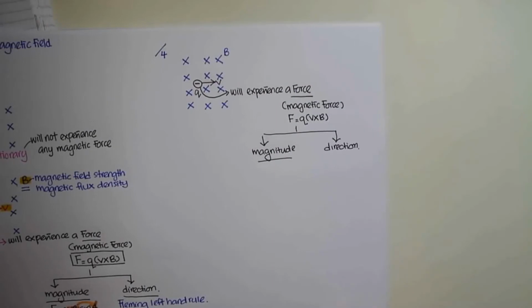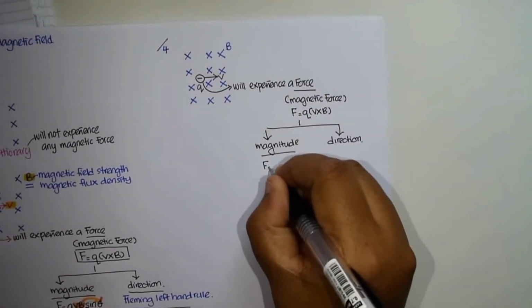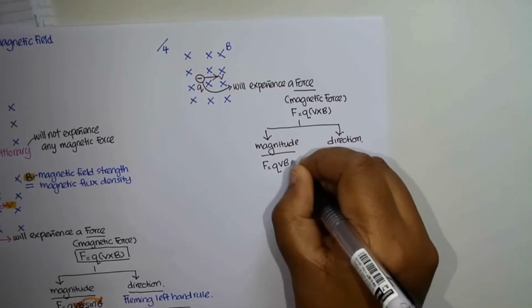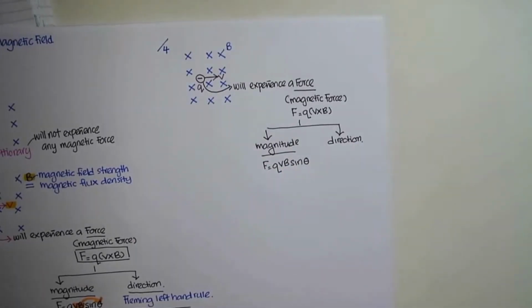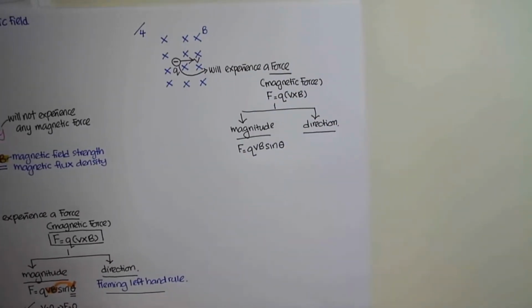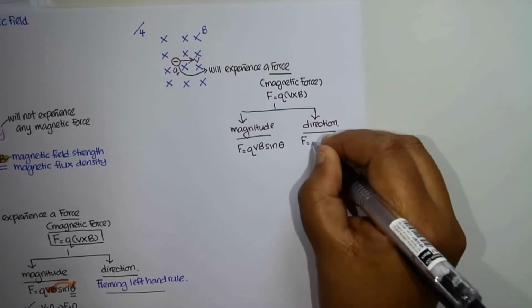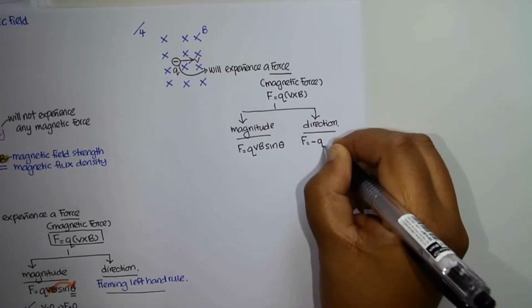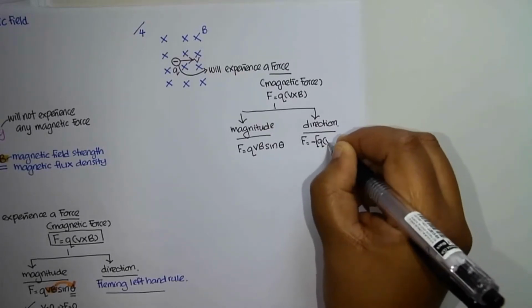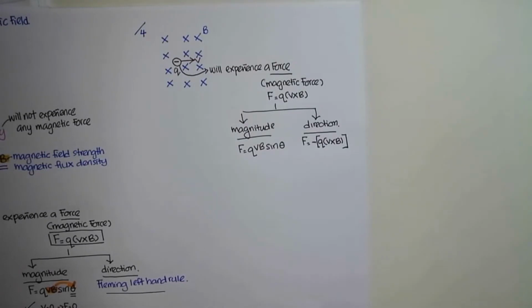For magnitude we still use the same formula, F equals QVB sine theta. But the direction will be a bit different between a positive charge and a negative charge. What will the difference be? The difference is F equals negative Q, V times B. That's why I have to put a negative there.